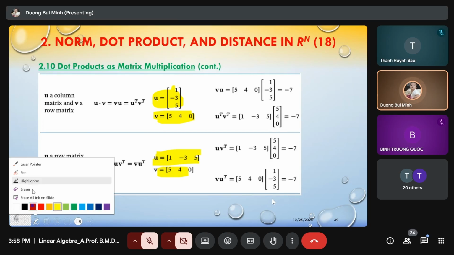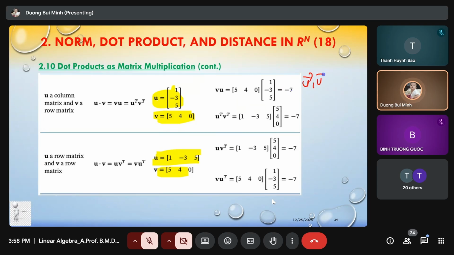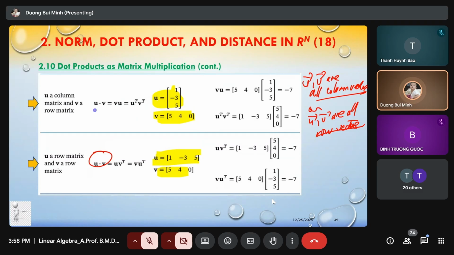Normally I suggest you use u and v as column vectors, or u and v as row vectors. But of course you can use any format you want. Then we can take the dot products.